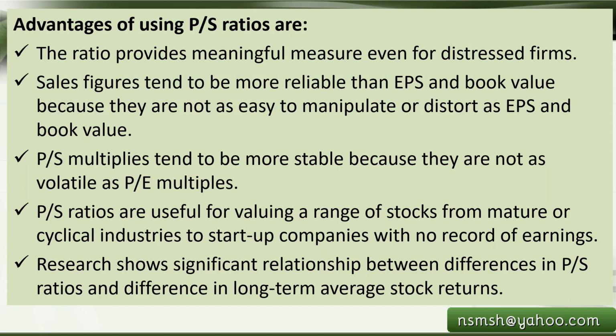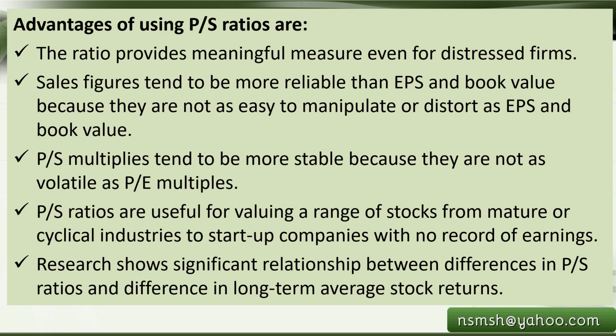The advantages of price to sales ratios: it provides meaningful measures even for distressed firms. How can that be? Because the revenue figures are more reliable than earnings per share calculation. And even book value is comparatively not as reliable as the sales figure that we have on hand. The price to sales multipliers tend to be more stable because they are not as volatile as price earnings multipliers.